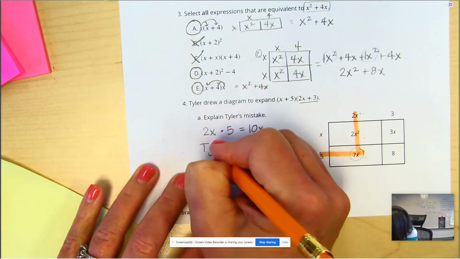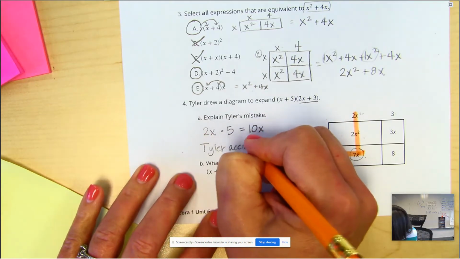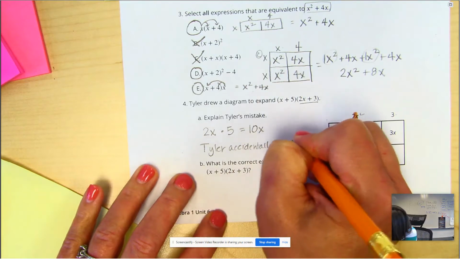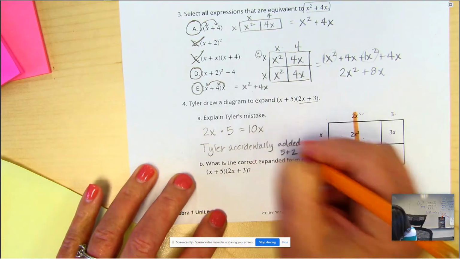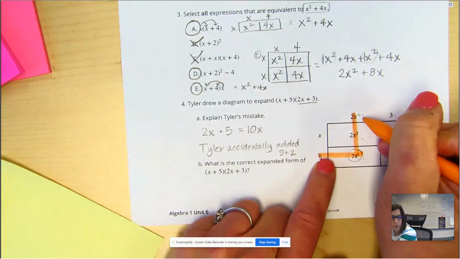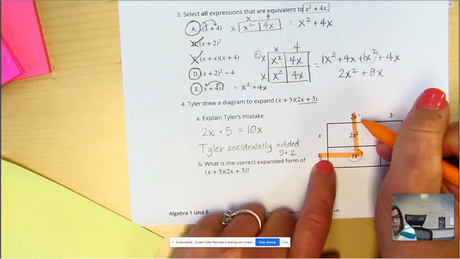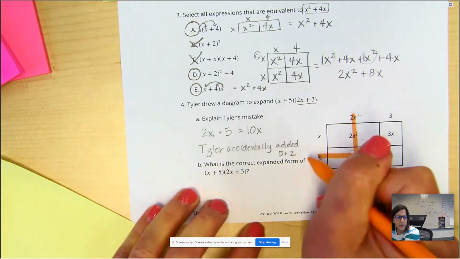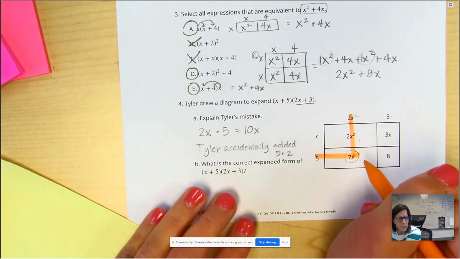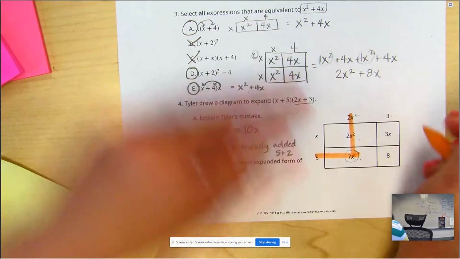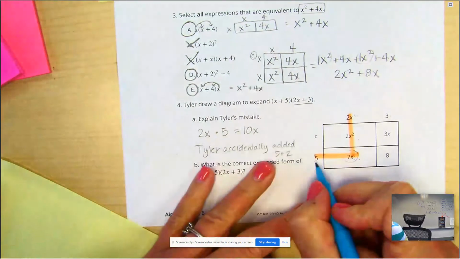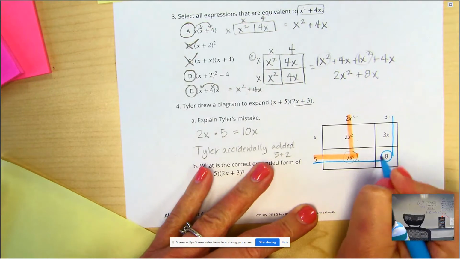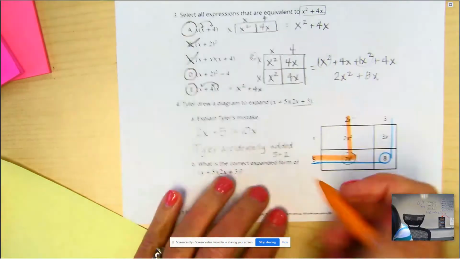Tyler accidentally added the 5 plus the 2. And those can't even add together because in order to add them, you would need an x with it. This would have to be a 5x to make that work. Also, look here. That's supposed to be 5 times 3.